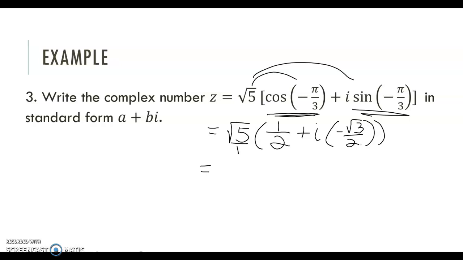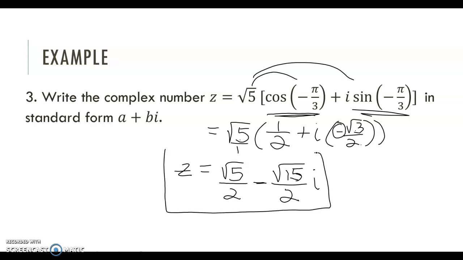So if I make that square root of 5 over 1, I get z equals square root of 5 over 2, and then I'm going to do minus because of this negative, and square root of 5 times square root of 3 gives me square root of 15 over 2i. And so that is going from the trig form to the standard form.